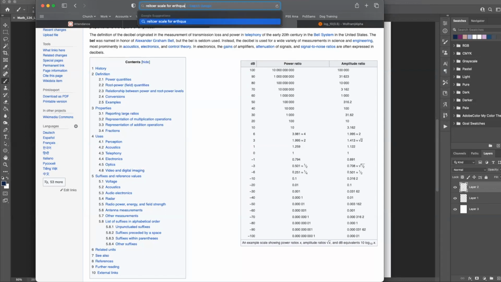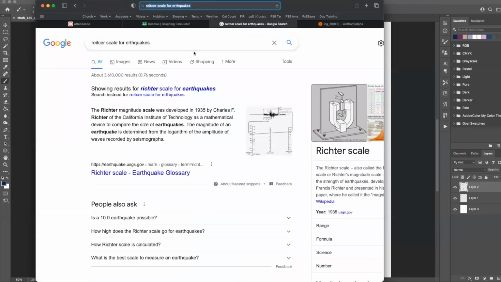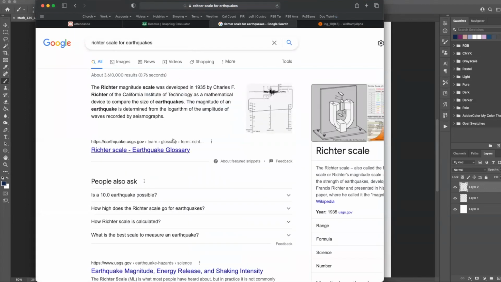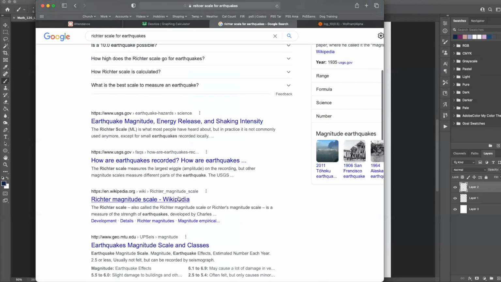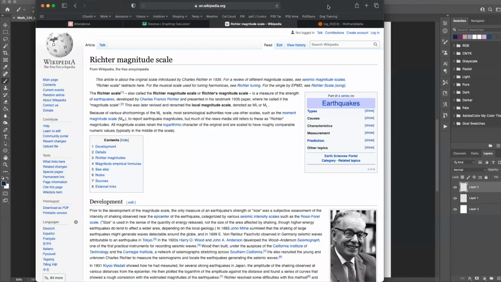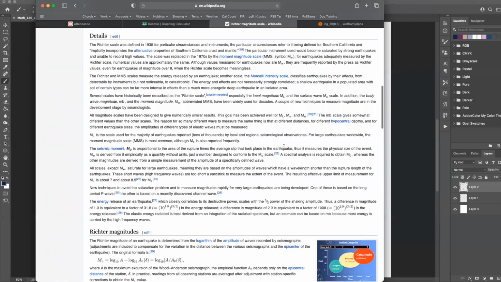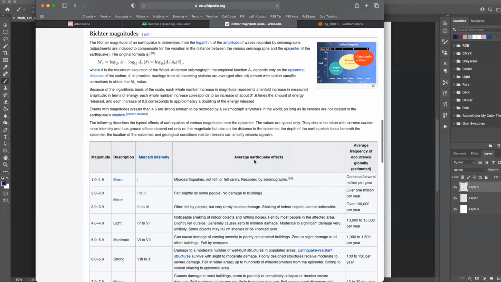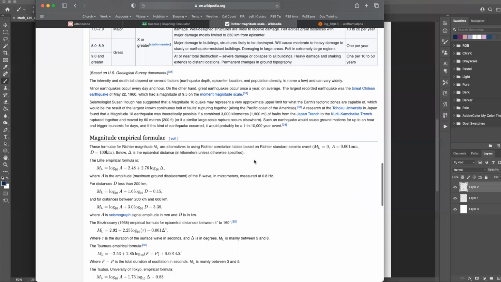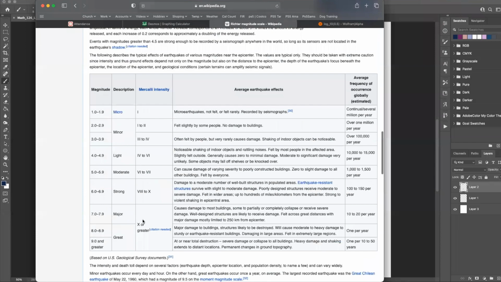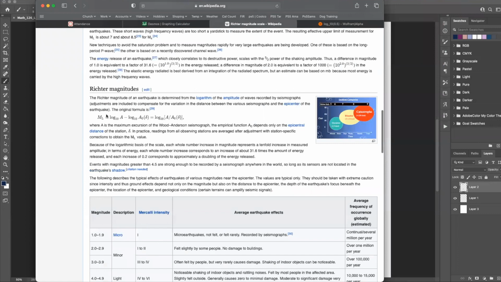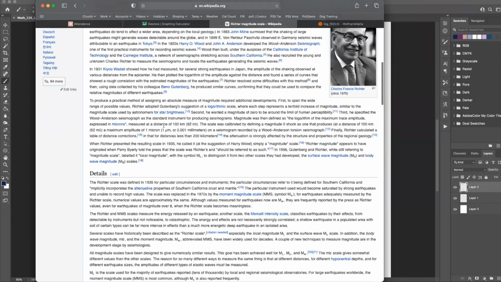I just use Wikipedia since that's free. Yeah, and once again here, the Richter magnitudes are log scale. So this is another log space scale.